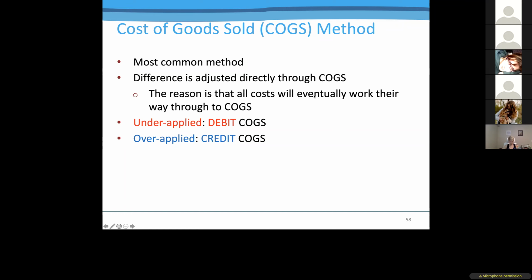The rationale is that eventually all the product cost will go to the income statement as cost of goods sold. If it's under applied, you debit the cost of goods sold. If it's over applied, you credit the cost of goods sold. Why? You can just watch the video. It's only 2 minutes, so I'm not going to repeat myself here.